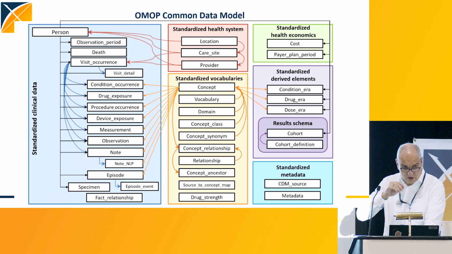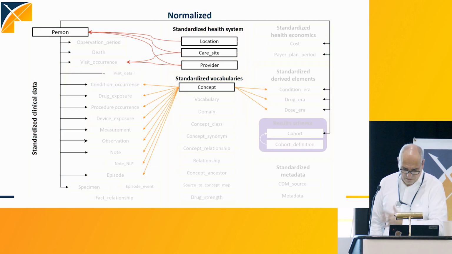In fact, there are other data models which are much more complicated and messy, for good reasons and bad reasons. So everything is around the patient, called person, because again, there's actually no difference between persons and patients. So that's one way to normalize, that you pull together all the data that belong to one patient.